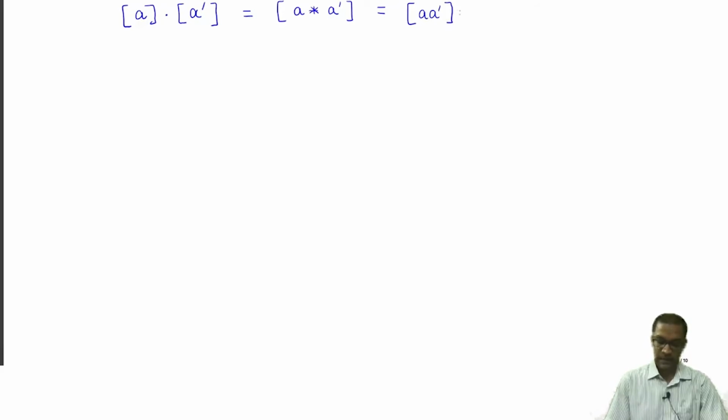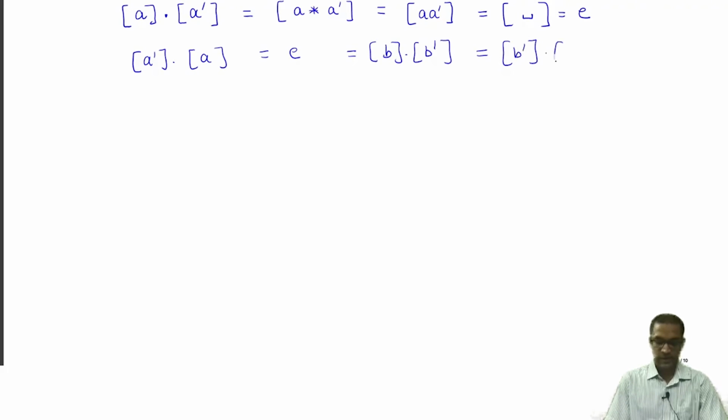But remember, A A prime by the rewriting rule is the same as the empty word. So in other words, the equivalence class of A multiplied by the equivalence class of A prime is in fact the identity element of this group. And of course in the other order as well, A prime multiplied by A would also give you identity. You can also check that the same is true of B and B prime.